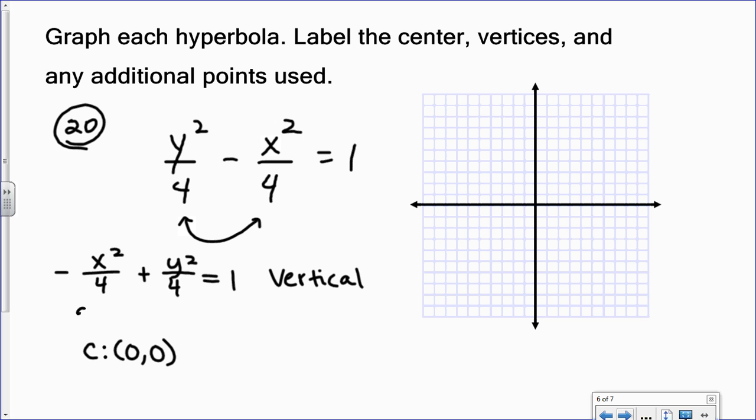A is 2, and B is 2. Okay, so draw the center, draw your rectangle, which in this case is a square. But you're going left and right 2 units and up and down 2 units.